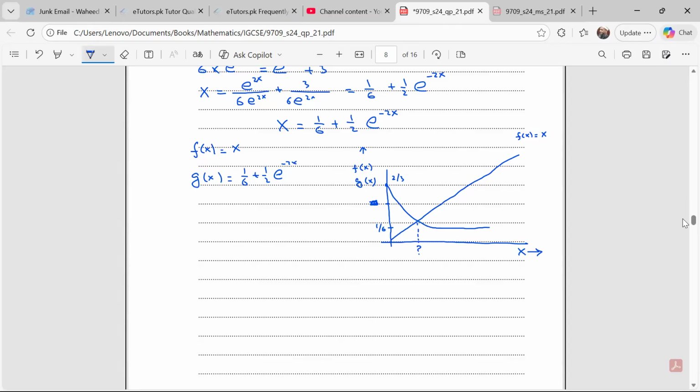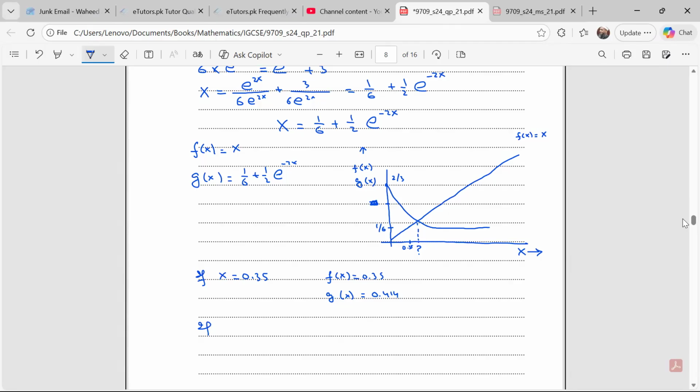We just saw that if x is 0.35, then f of x is 0.35, but g of x, when I evaluated it, gave me a value of 0.414. So 0.35 is before this point, because f of x is small and g of x is large.